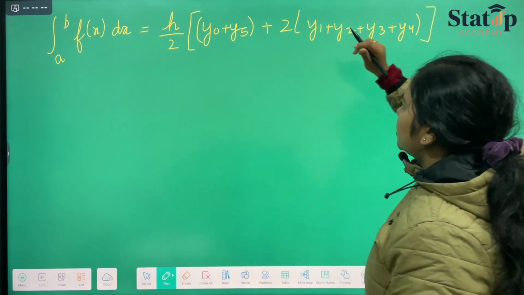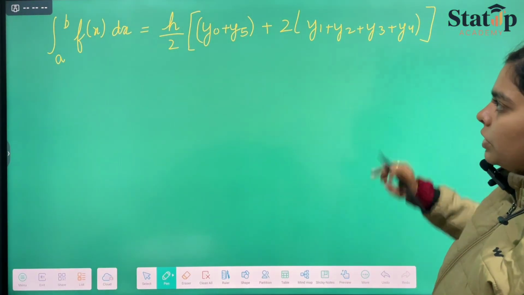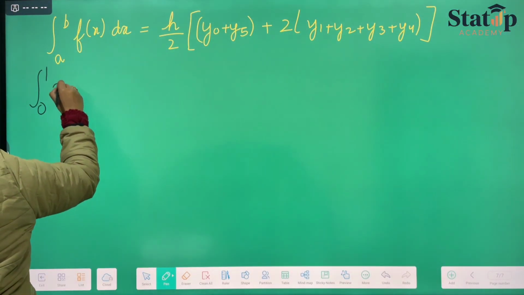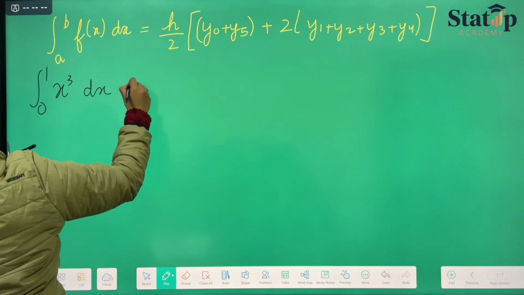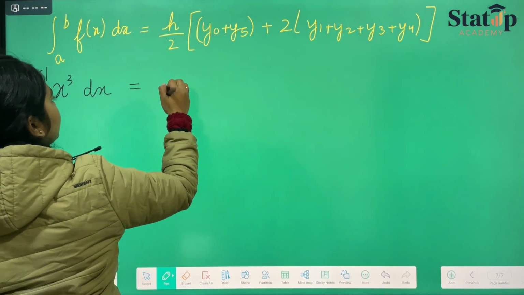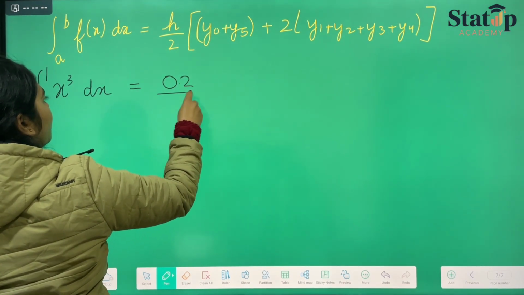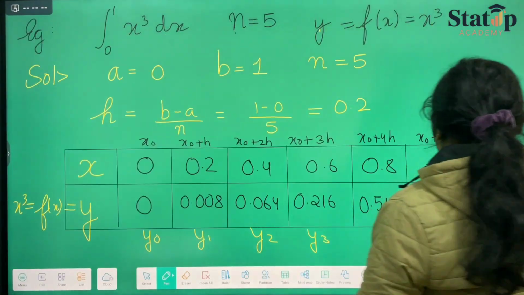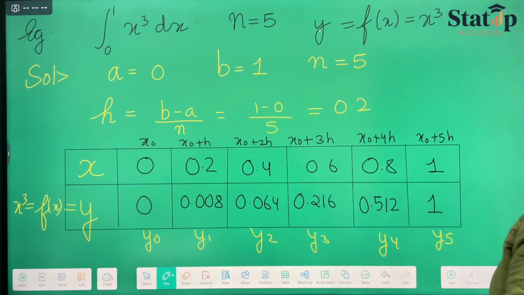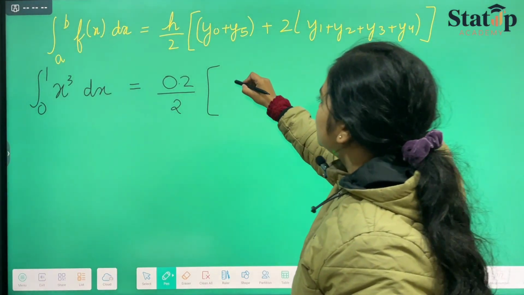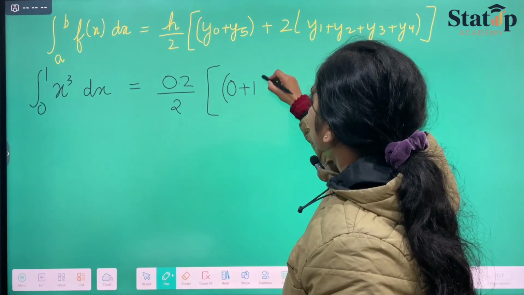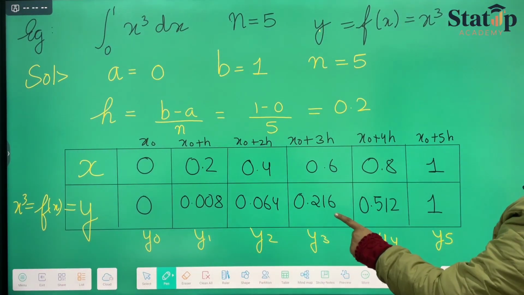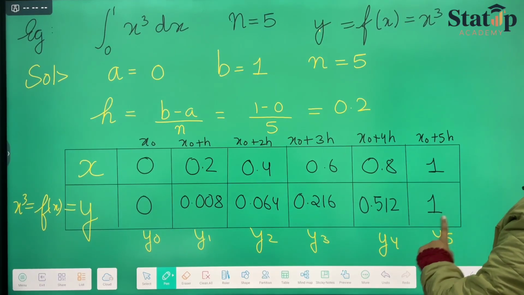All the values in between the first and the last will come here. So here the integration from 0 to 1 of x cube dx equals h, h was 0.2, upon 2, then in the bracket y naught plus y5. Y naught is 0 and y5 is 1. So we will add 0 plus 1 plus 2 into y1 plus y2, which is 0.008, 0.064, 0.216, and 0.512.